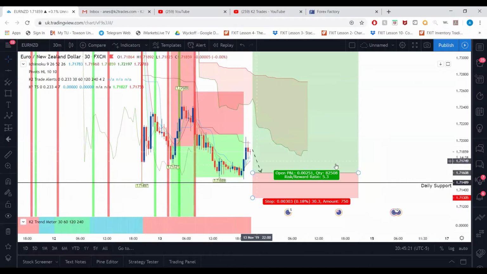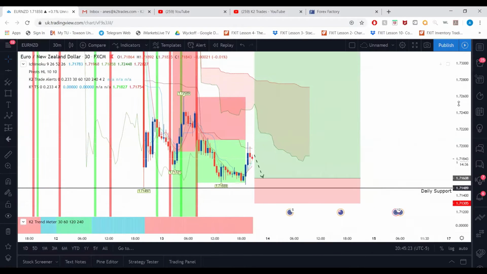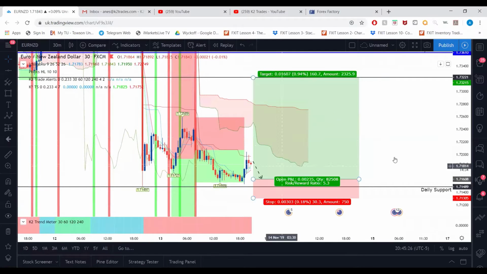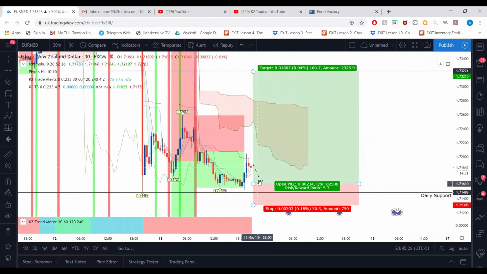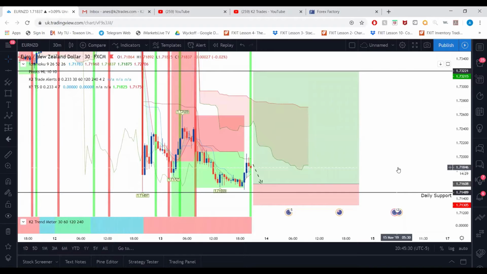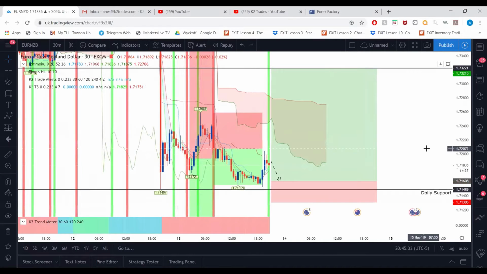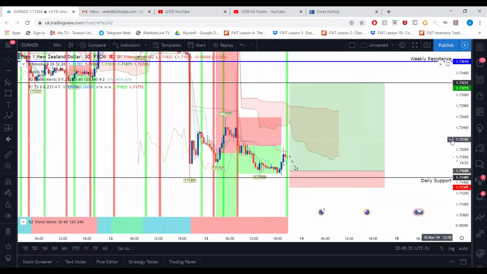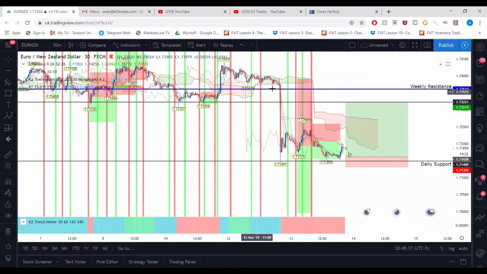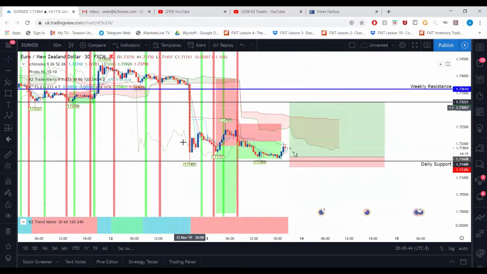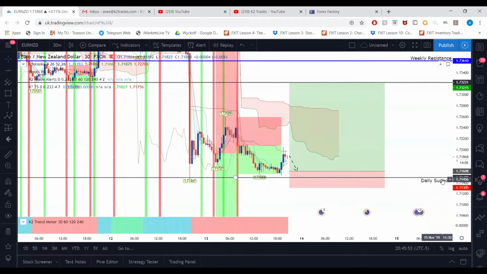I would definitely expect a pullback, and as of right now I would favor this pullback as it is happening slowly, and then I would favor some bullish push up, simply because once this weekly zone was broken, there was no retest. The news push was just insanely to the downside. Not even this was retested yet.